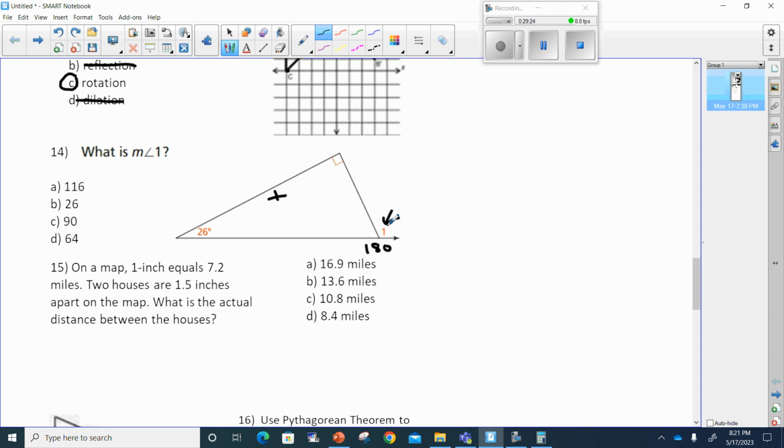So if we take 90 and add 26, that's going to be 116. So if these equal 116, that has to be 116.